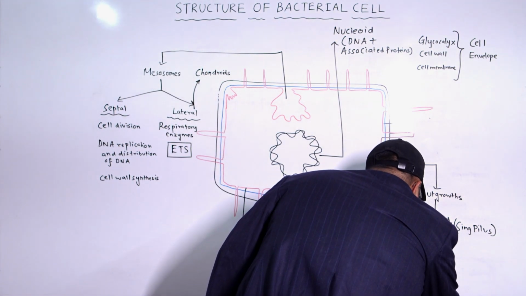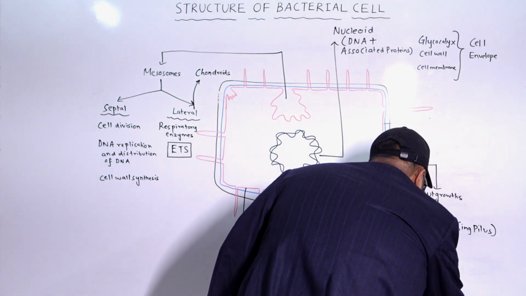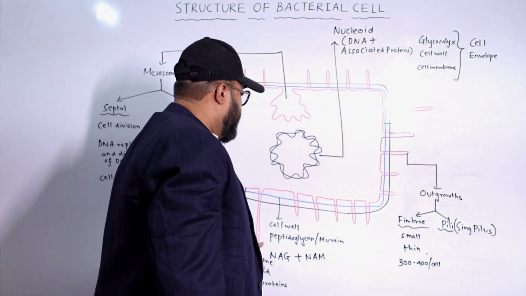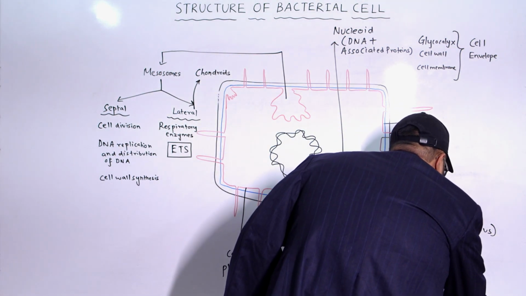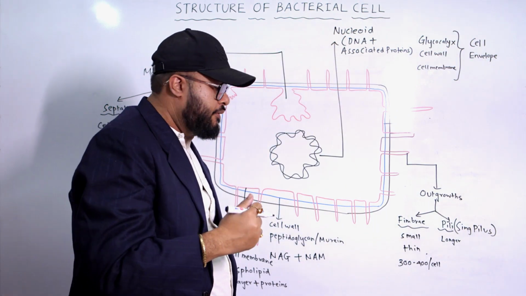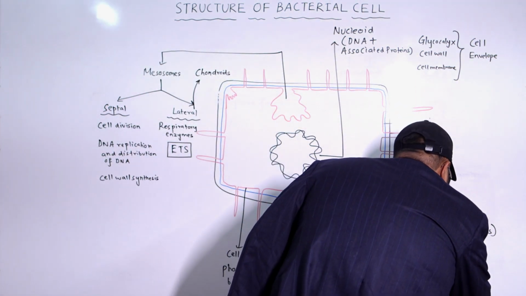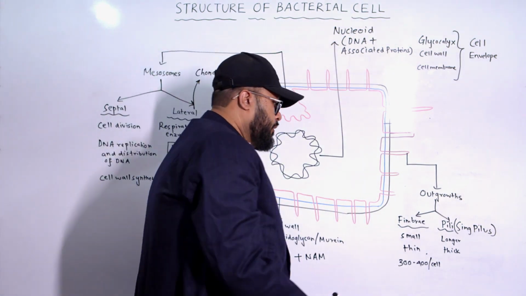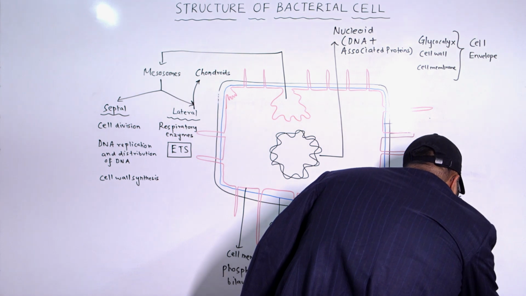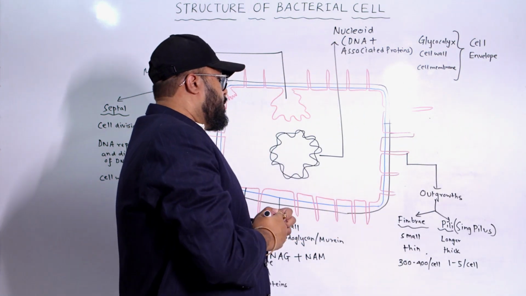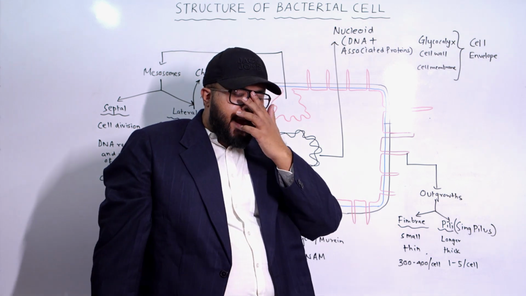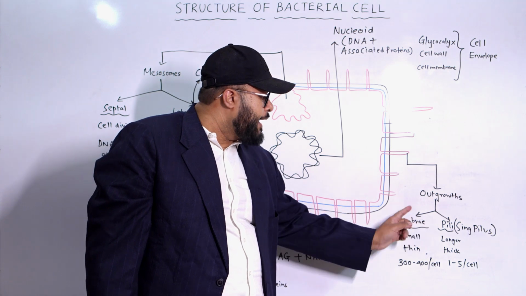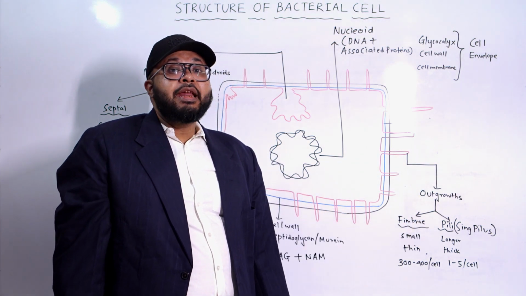Pili are longer, they are thick, and their number varies from 1 to 5 per cell. Both pili and fimbriae help in attachment of the bacterium to the substratum, and both are made up of pilin protein.